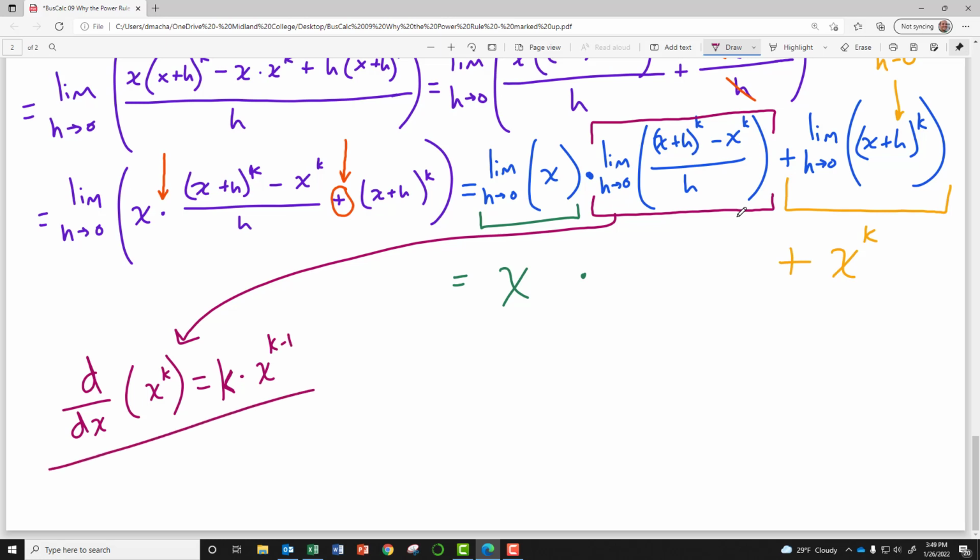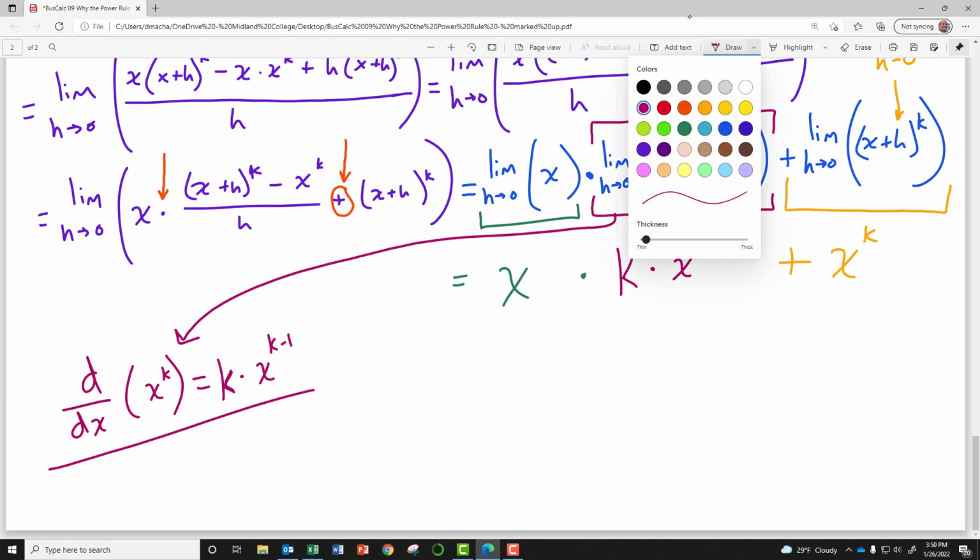And so I'm allowed to use this particular derivative because I made it an assumption. It's what we mathematicians call the induction hypothesis. So what I'll do is replace that limit, the one that looks like the definition of the derivative for x to the power k, with k times x to the power k minus 1.